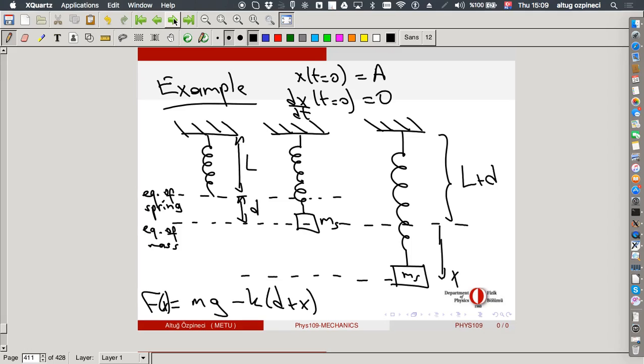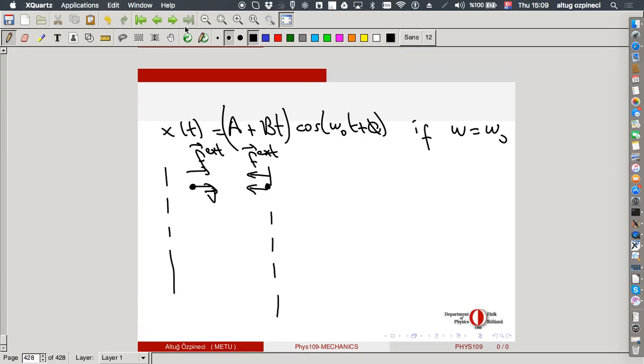So during the cycle, the gravity doesn't do anything. But if as the object is going down, the external force is also going down, and when the object is moving up, the external force is also pushing it up, the external force will always do positive work, and since it's always doing positive work, it will increase the energy of the system all the time. So that is why if the frequencies match, in that case the energy of the system will increase.